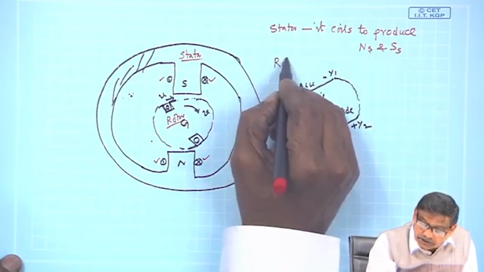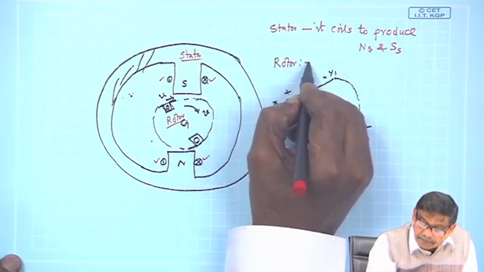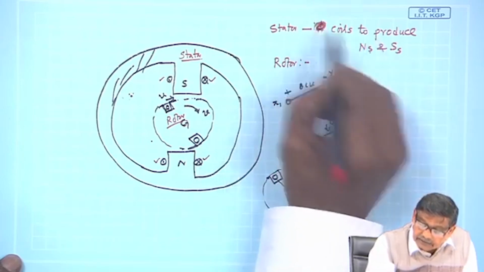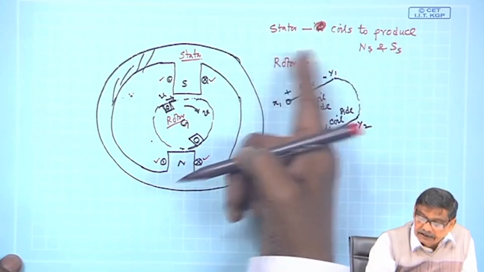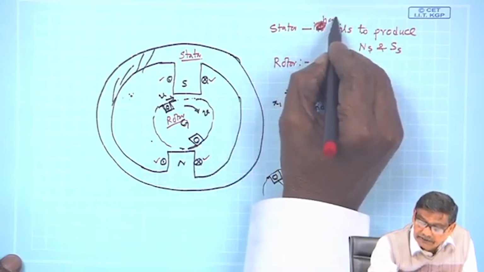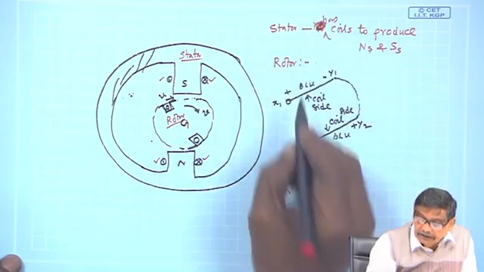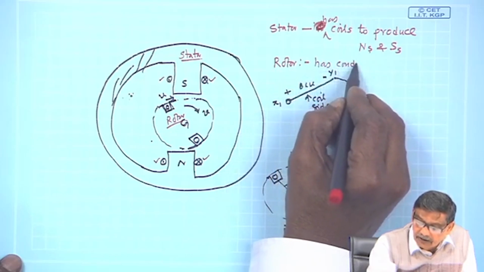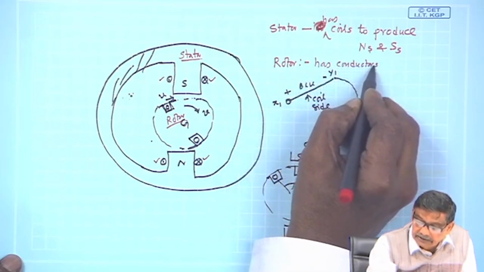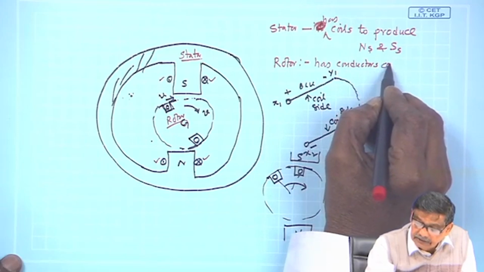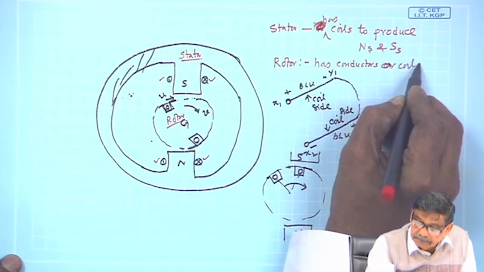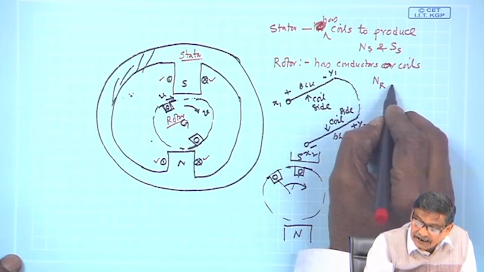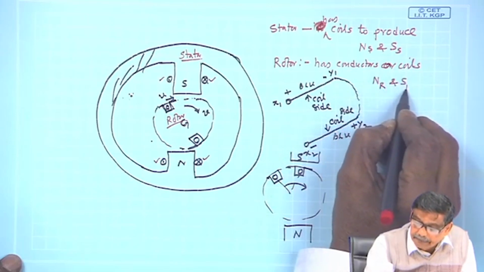Rotor similarly has conductors or coils to produce its own N_R and S_R.